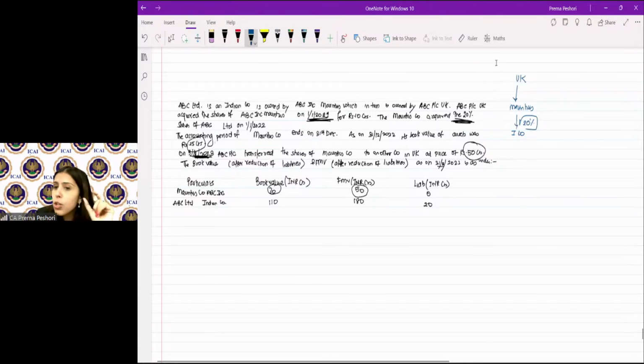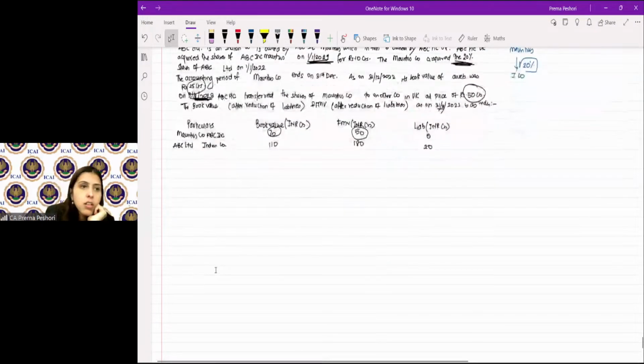So students, what we check first is whether the book value as on the date of the transfer of the assets of the foreign company is greater than 115% of the book value as on the last date of the accounting period.